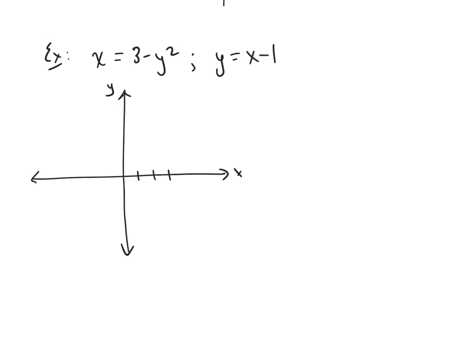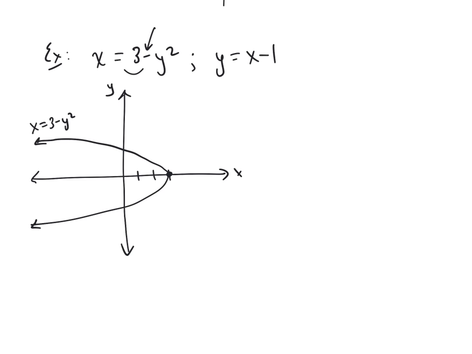The positive 3 tells us that it starts 3 to the right. And the negative attached to the y squared tells us that it opens left in the negative direction. So roughly it would look something like that. This would be the x equals 3 minus y squared.